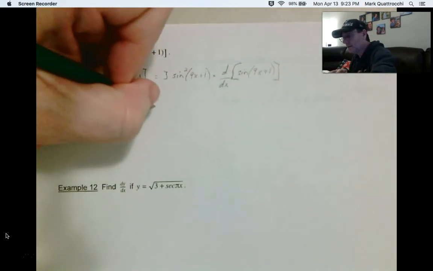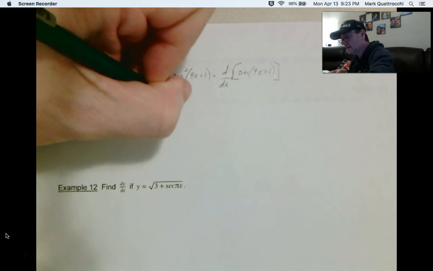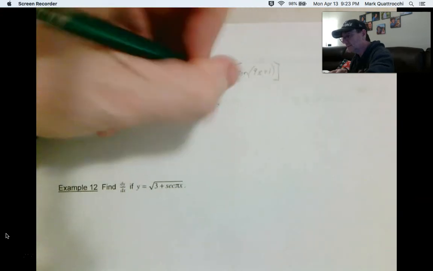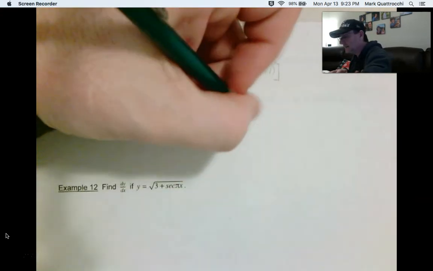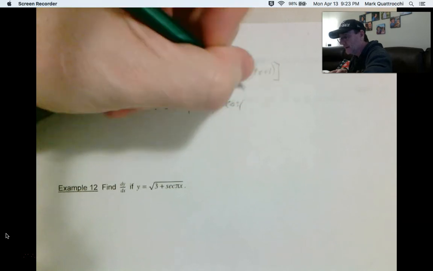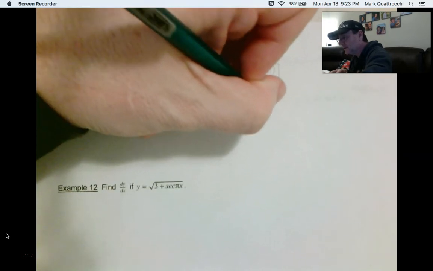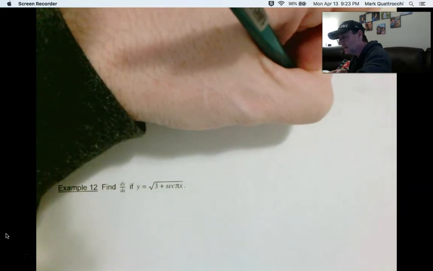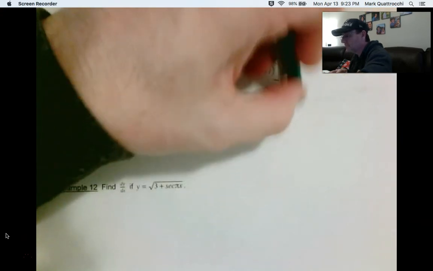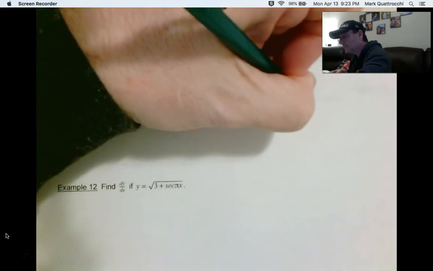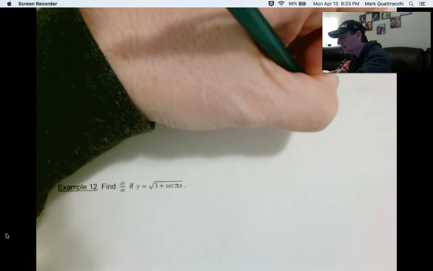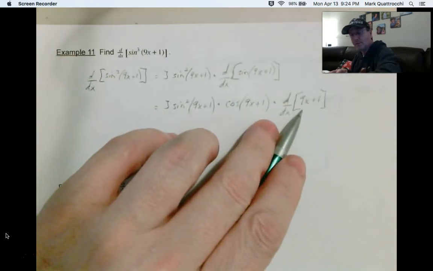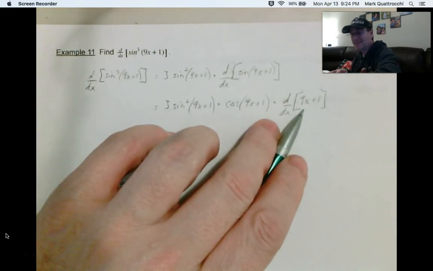So 3 sine squared 9x plus 1 times the derivative of sine, which is cosine of the inside function unchanged, times d dx of the inside function, which is 9x plus 1. I stick with my brackets. So I still have one more derivative to take. The derivative of 9x plus 1 is 9.